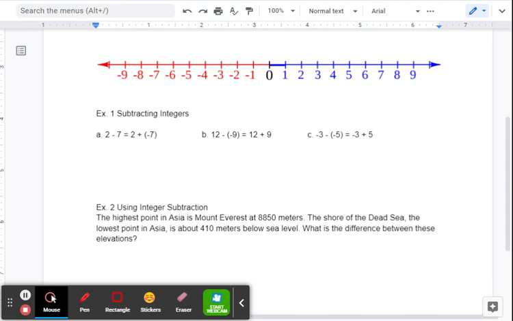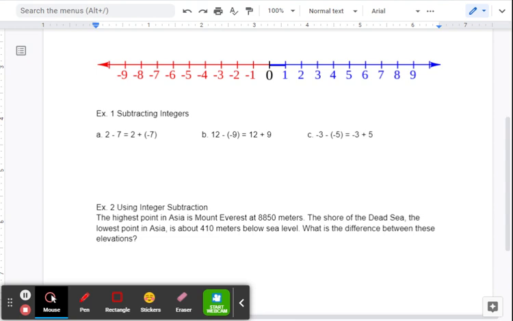So 12 minus negative 9 is actually the same as saying 12 plus 9. So if we're adding 9, am I going to go to the left or to the right?